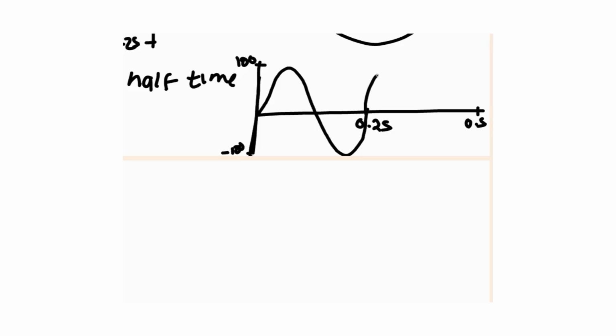So the speed becomes faster. The graph would look something like this. You now have 1 full circle, and 2 full circles.